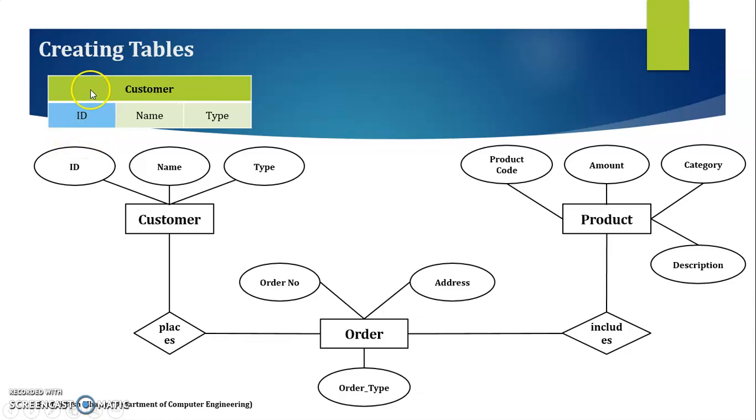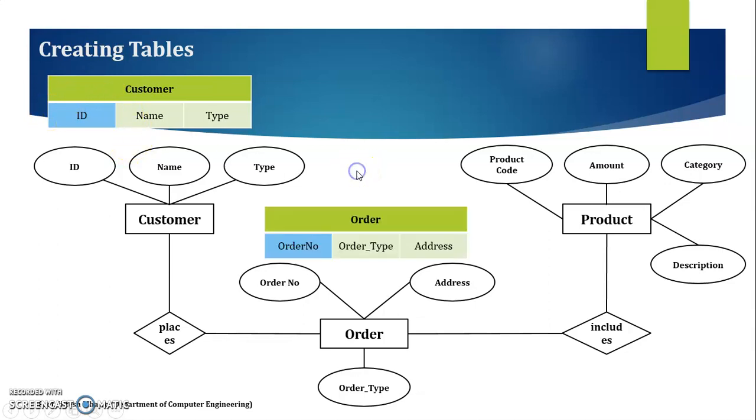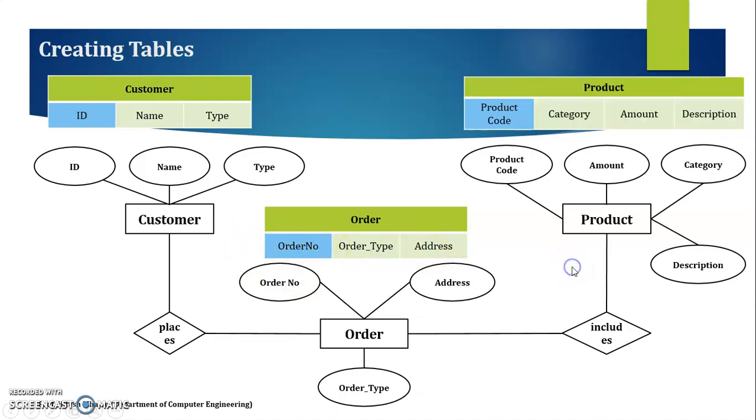Now ID is indicated here in blue, which indicates it is a primary key, that is, it is used to uniquely identify this particular record. Similarly for order, we have order number, order type, and address. These are nothing but your attributes. Your order number is unique. And for the product, that is product code, category, amount, and description, and your product code here is unique.